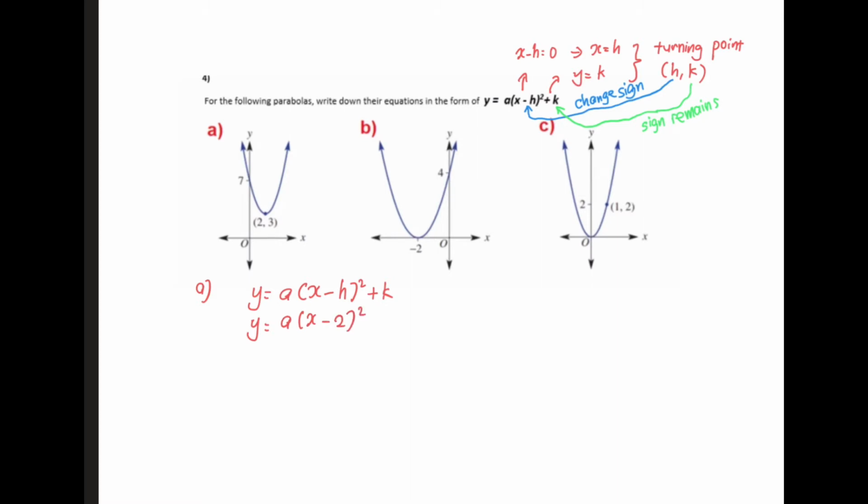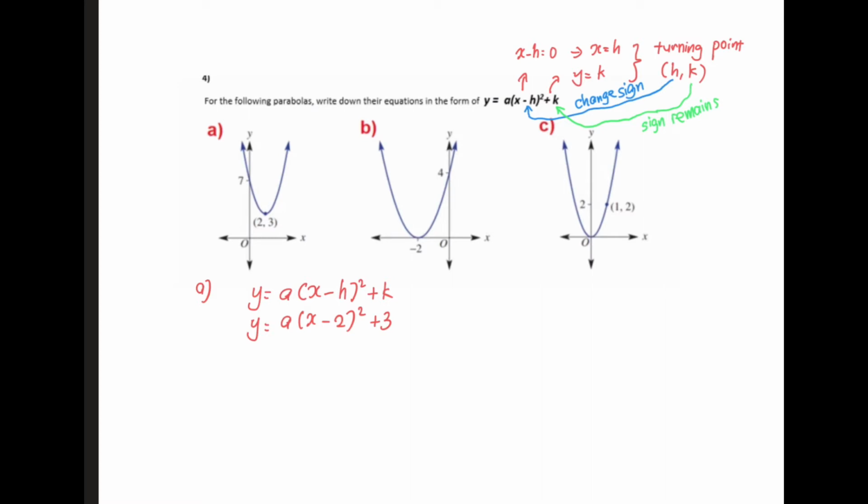You can see it changes sign. From positive 2, it becomes negative 2. But the y doesn't change sign, so it remains as positive k. If this is 3, then it will remain as positive 3. So like this, we get the h as well as the k.